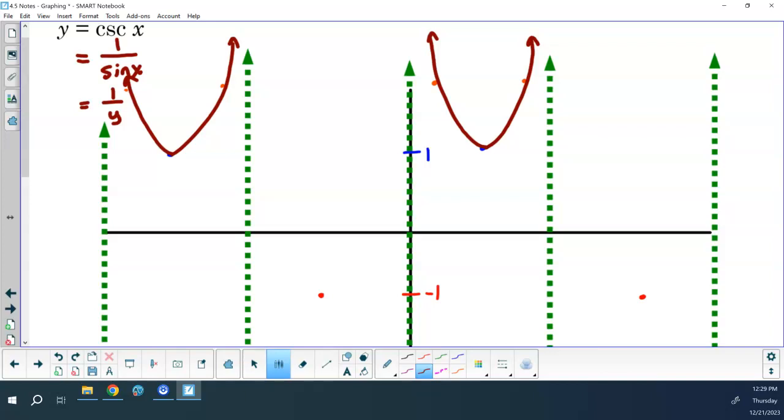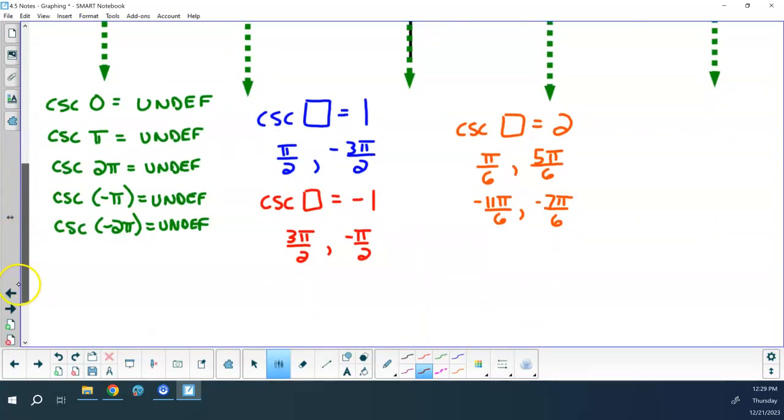What would another cosecant value be? And where would cosecant be negative 2? 7 pi over 6. 11 pi over 6.